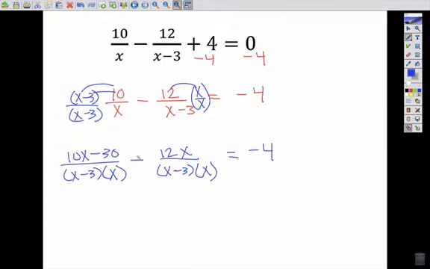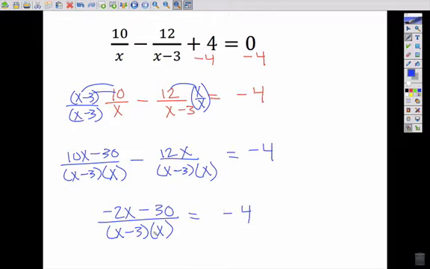Now at this point, I can subtract the fraction. So I subtract across the top, 10x minus 12x is negative 2x. Negative 30 minus, there's no constant over here, so it's just minus 30 all over x minus 3 times x. Remember, the denominator doesn't change when you're adding or subtracting fractions, and that's equal to negative 4.